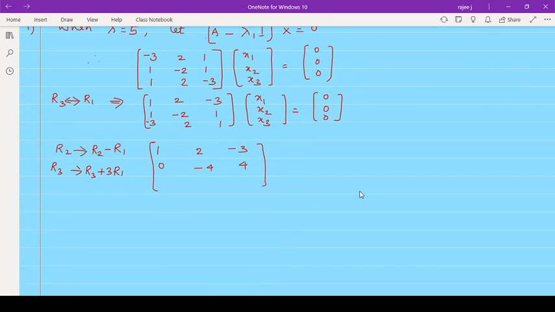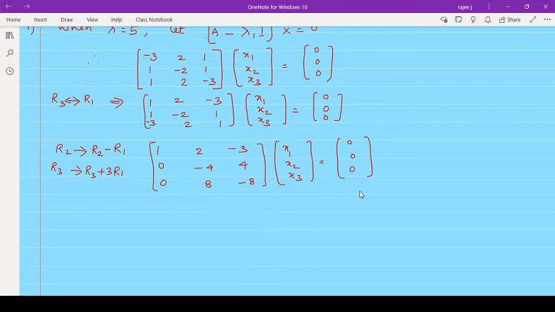Then R3 changes to R3 plus 3R1: minus 3 plus 3 becomes 0, then 2 plus 3 times 2 is 8, and 1 plus minus 3 into 3, so 1 minus 9, that means minus 8. Times x1, x2, x3 equal to 0, 0, 0.